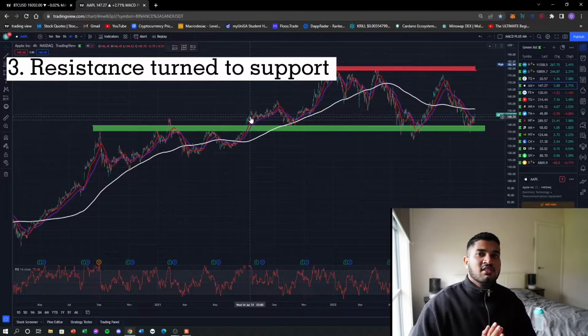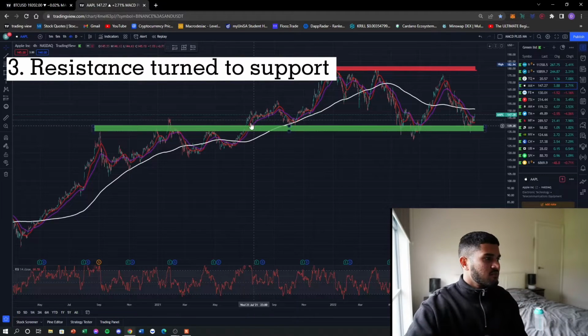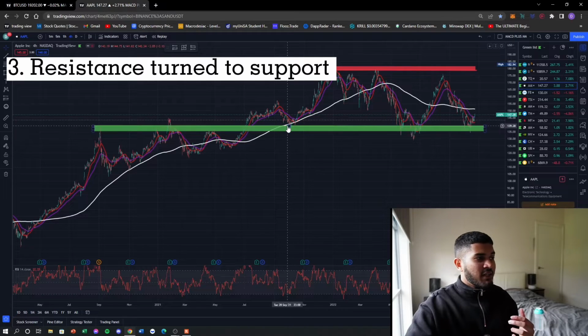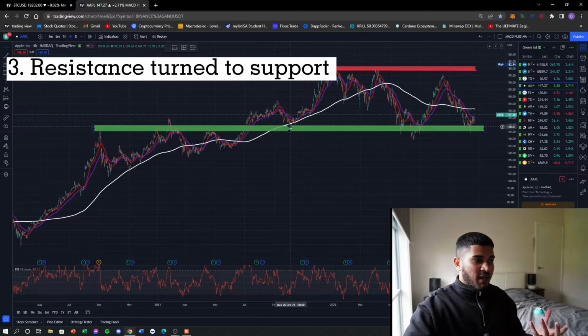One of the main reasons is buyers viewing that as an area of value, and people who missed out on the first move tend to get back into a trade at that level again. I'll break that down for you. From here to here the price rallied, and let's say 1,000 people missed out on that trade. When it hit that area of resistance, which has now turned into support, people are willing to buy in.